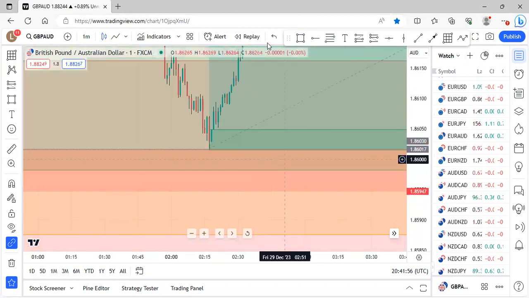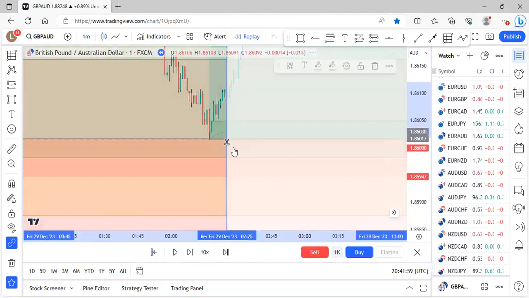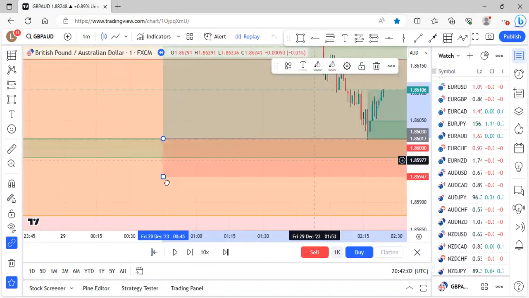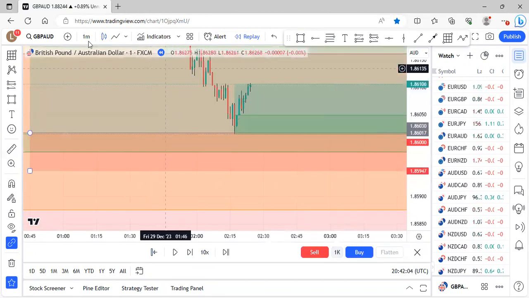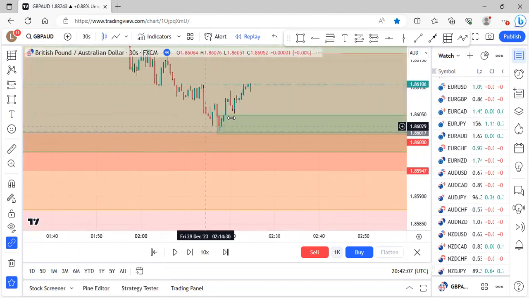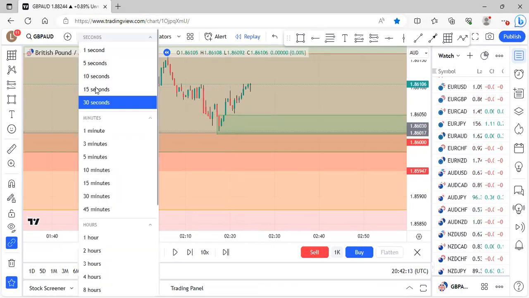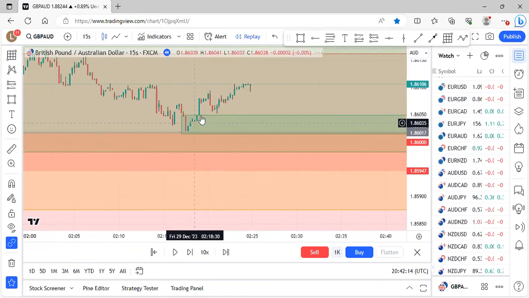It comes and tests back into a lower level, like a tiny bit of imbalance in here. It's only small, but yeah, it comes and taps into that.